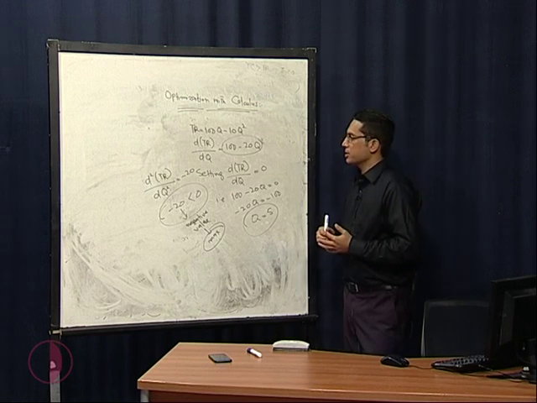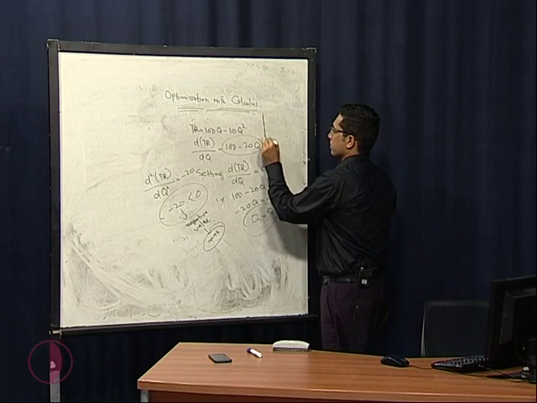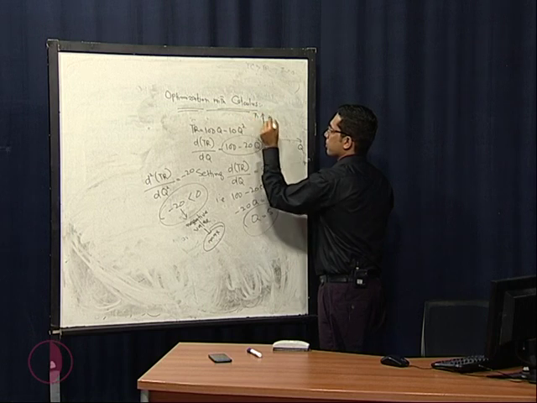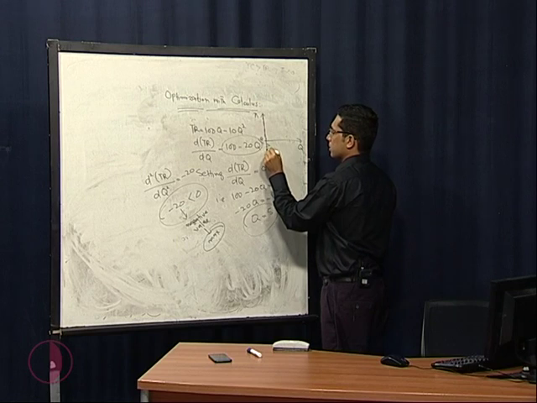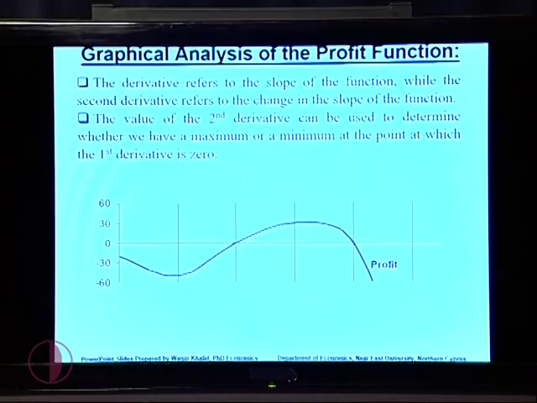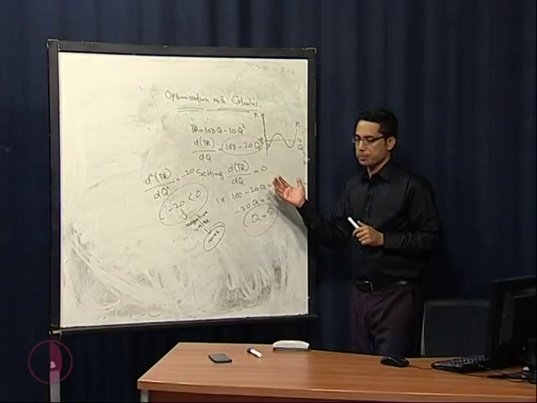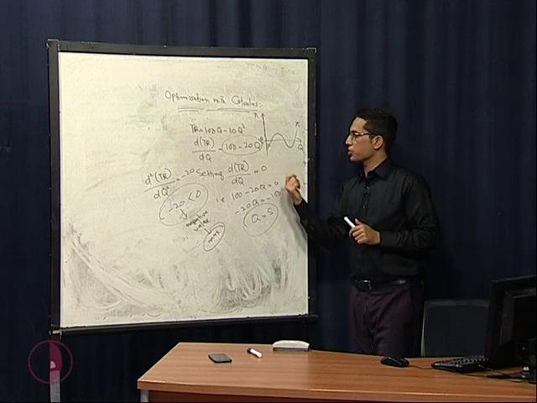And the graphical analysis, we have already shown that, for example, this is the output level, this is the profit. This was the profit function. Derivative is actually the slope of a function, while the second derivative refers to the change in the slope of a function.